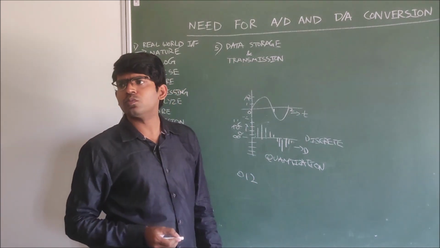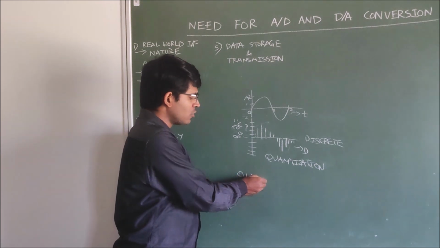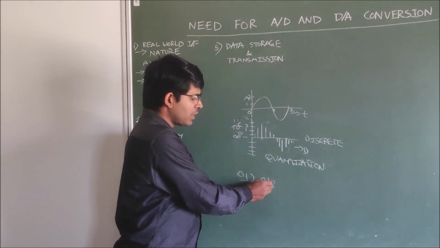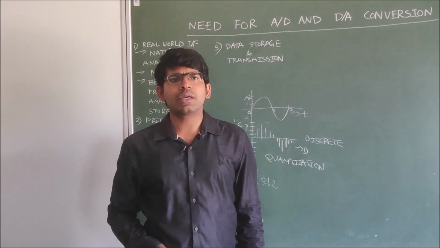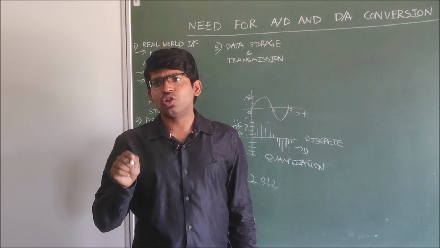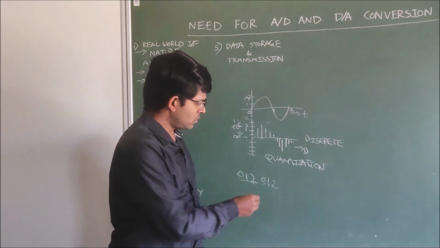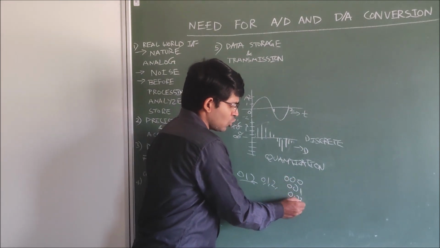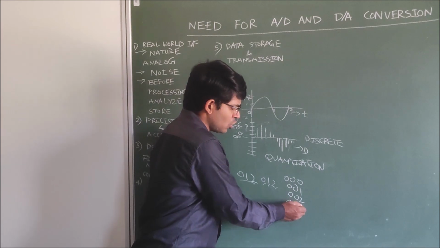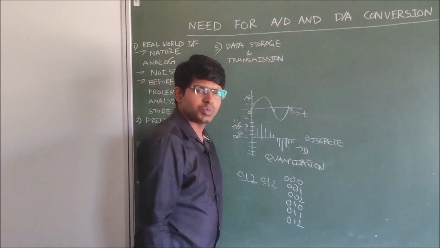I can also take 0, 1, 2. Instead of only binary, I can even take the 3 numbers 0, 1, 2. Then the combinations I can start with are 0, 0, 0, 0, 1 and 0, 0, 2, and then 0, 1, 0, 0, 1, 1 and 0, 1, 2.